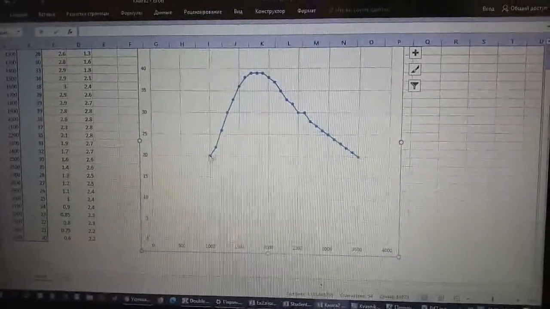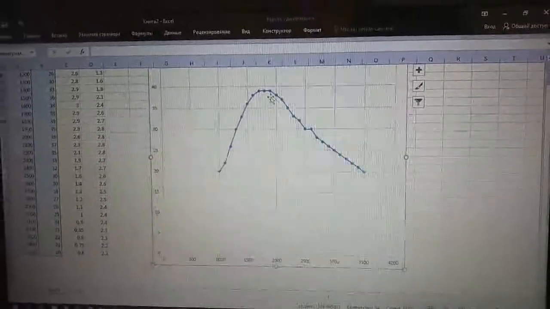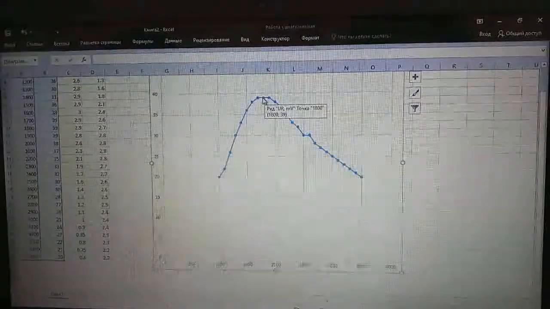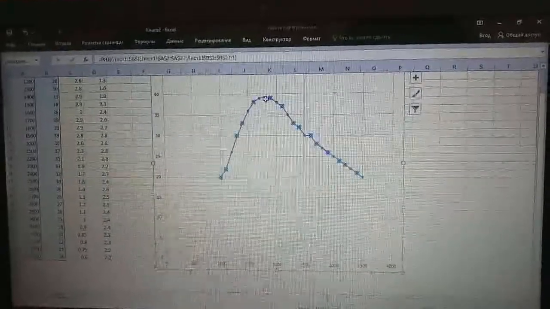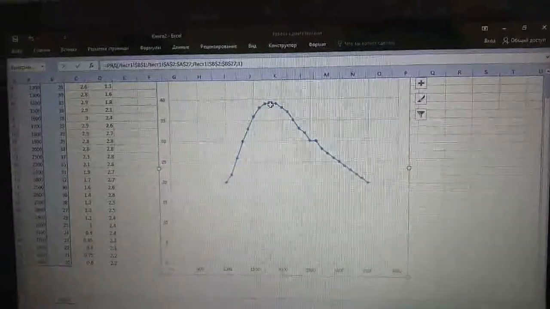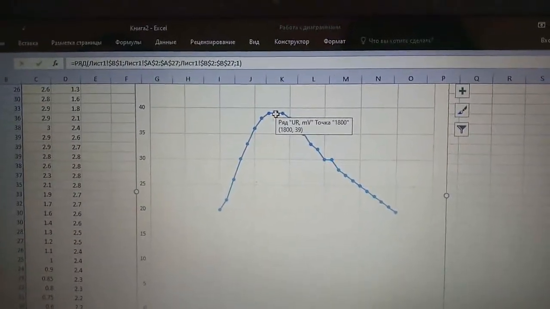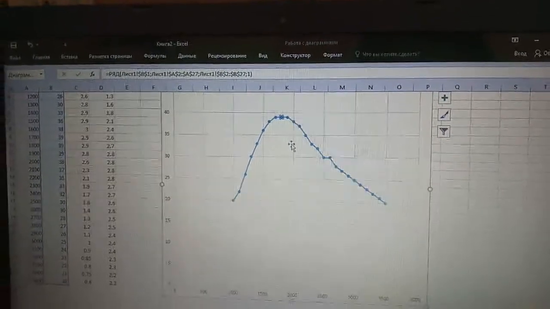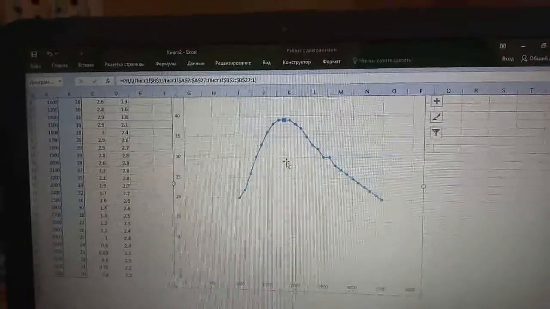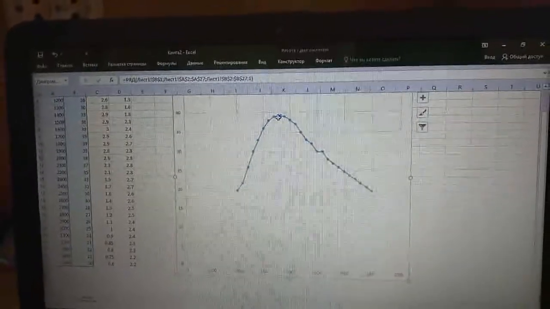It first increases, then decreases, and we can see that maximum of the curve lies at this value, which is 1800 Hz. So if we find the resonance frequency from the graph of UR, it is 1800.